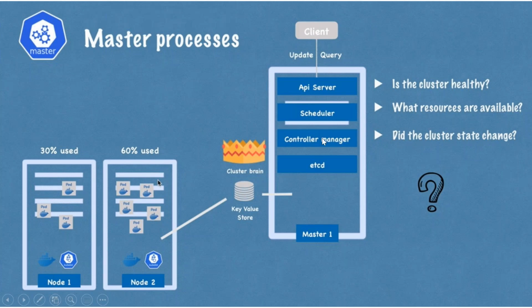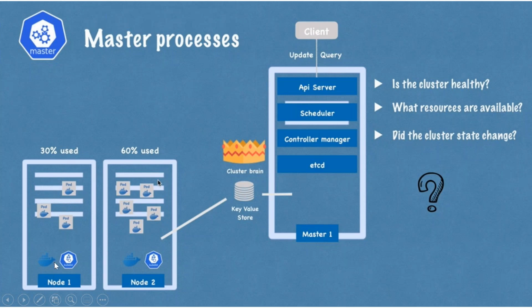The control manager will quickly go to etcd and ask what is the current state, what is actually happening here, what are these guys doing, I want to know. Like a manager, he will go to the team lead and say, tell me what's happening, what are your resources doing. So what these resources are doing is already updated here in this etcd. So always this etcd will store the latest state of my nodes.